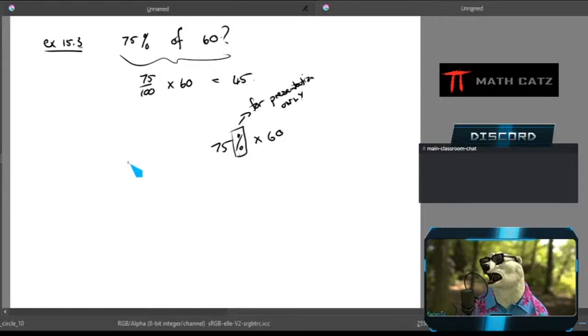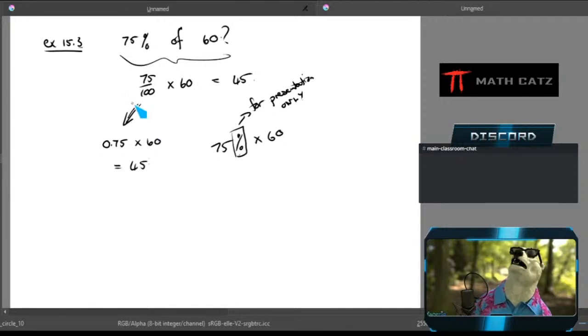They're presentation things. Now you could go and say here, maybe I don't love fractions. I know everyone does love fractions, but let's just suppose you don't want to see the fraction every time. I could go decimal. Because it's always over 100, the decimal version of this fraction is super easy. It's 0.75. And then times that by 60. And of course, I'll still get 45.